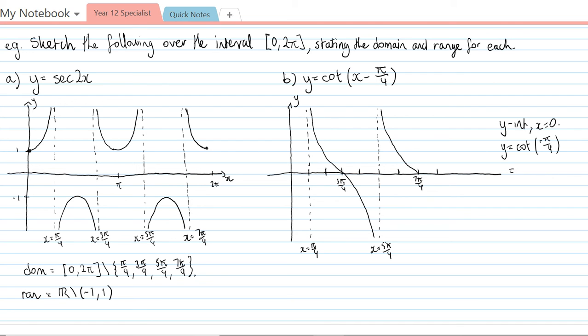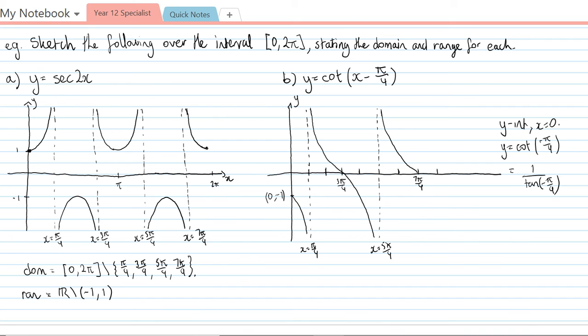So that is 1 over tan of negative pi on 4. And well, tan of negative pi on 4 should be negative 1. So it's really 1 over negative 1, which is just negative 1. So there it is there, and we're going to have that sort of section there.